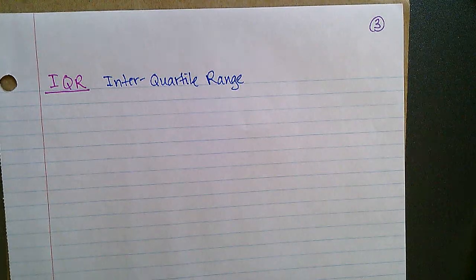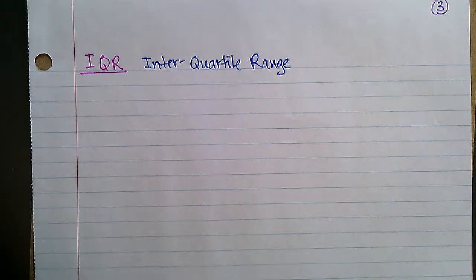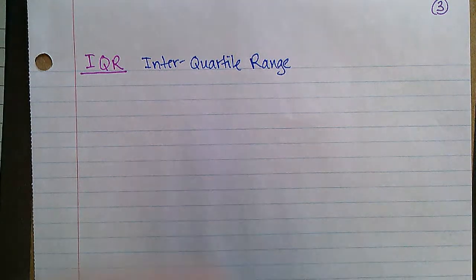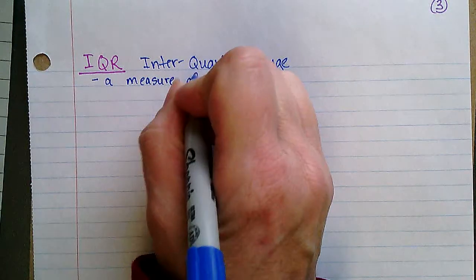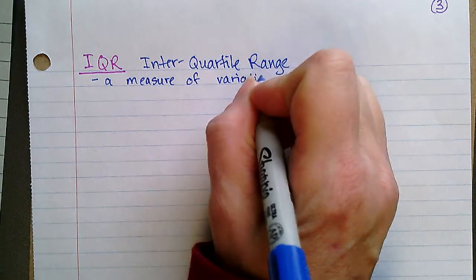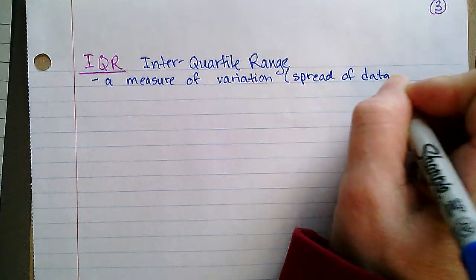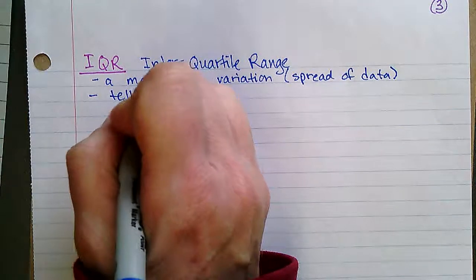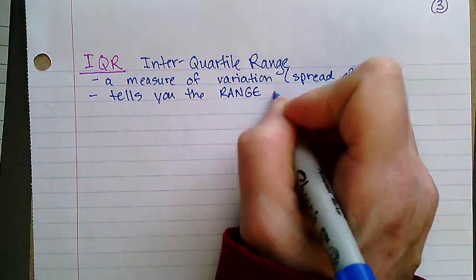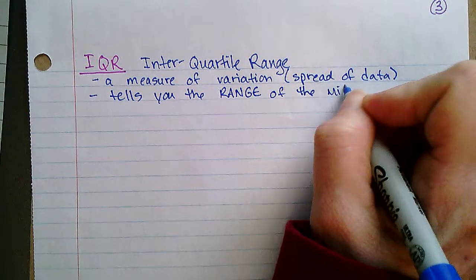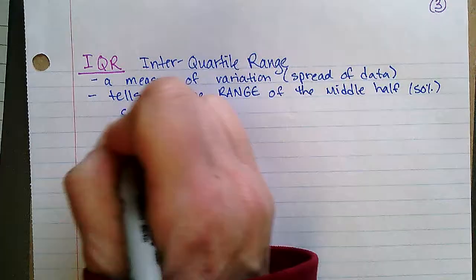We're going to use interquartile range to determine if there's an outlier because it is a measure of variation or spread of data. And what it does is it tells you the range of the middle half of the data.